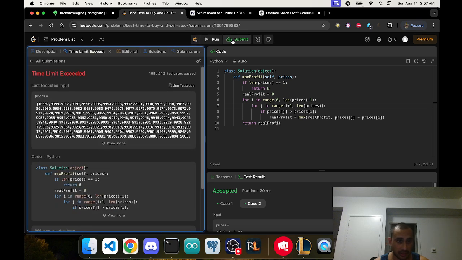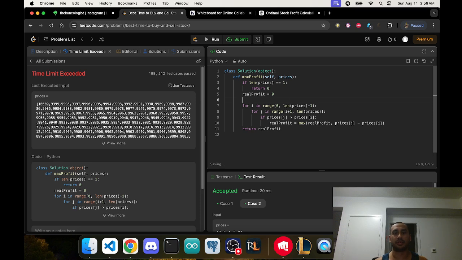Does it not? Time limit exceeded. Okay, so I have to do it within O(n) time. So I have to recreate this effect with it at the same time getting a minimum price. So a real profit, so the ChatGPT method is to get it in one pass.